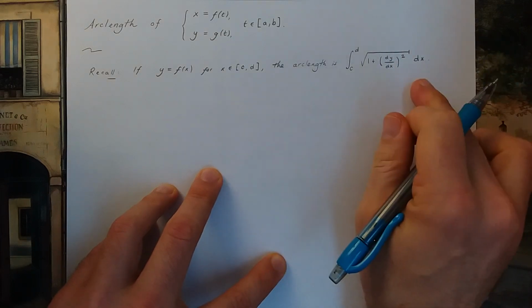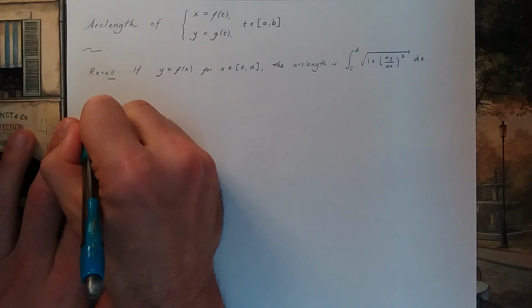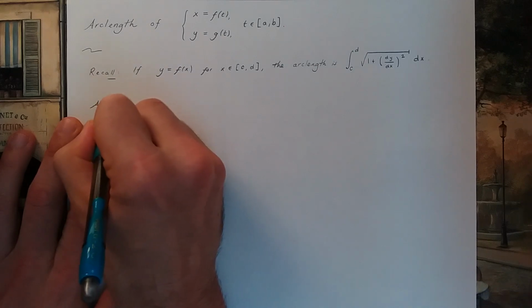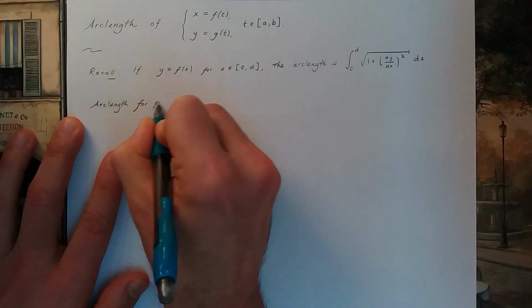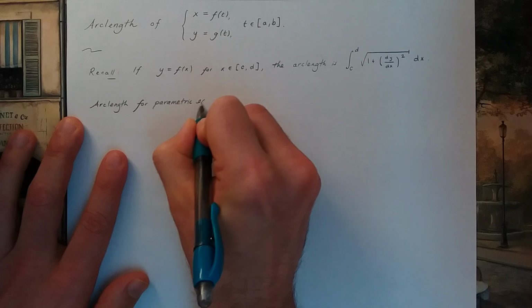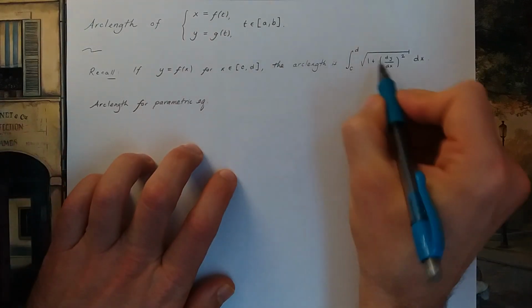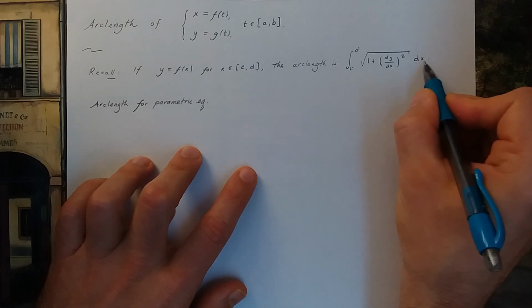So I'd like to adapt this for a parametric equation. So here is arc length for the parametric equation. I'm going to take this and turn it into an integral with respect to t.